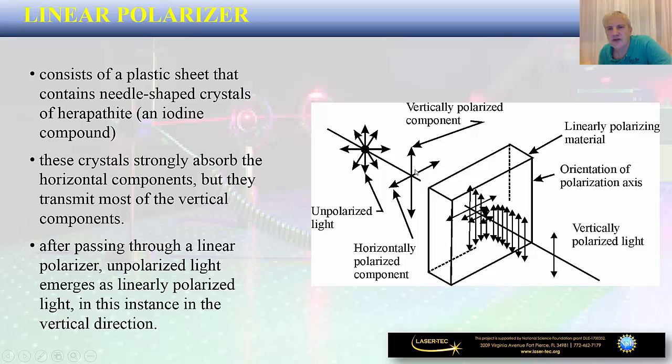And if the horizontal and vertical components are passing through this filter, all of the horizontal component is going to be blocked by the filter, while the only component that's going to be passed to the other side is the vertical component. So what we have on the other side is vertically polarized light.